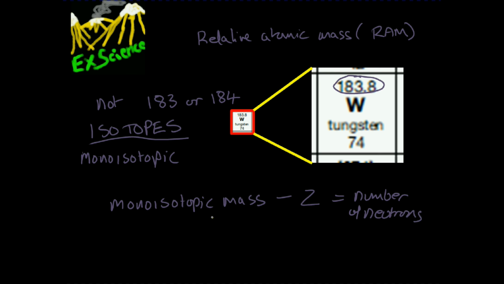So the monoisotopic mass number minus Z equals the number of neutrons.